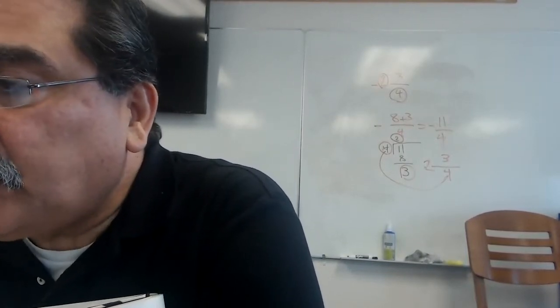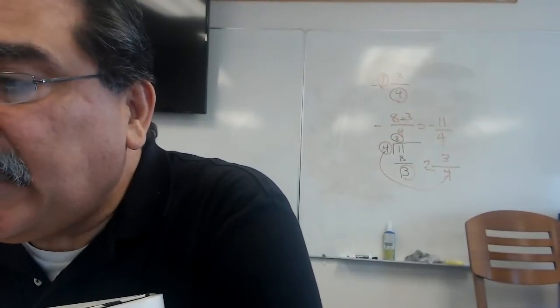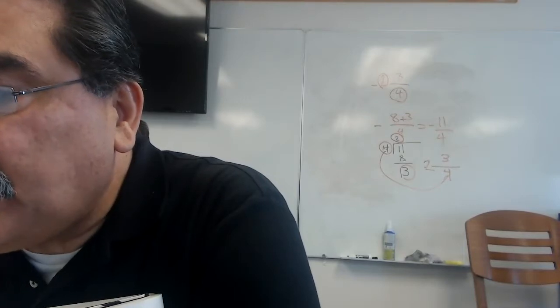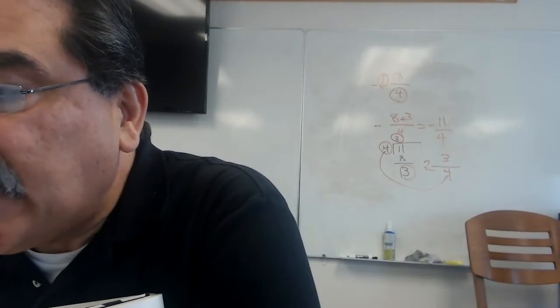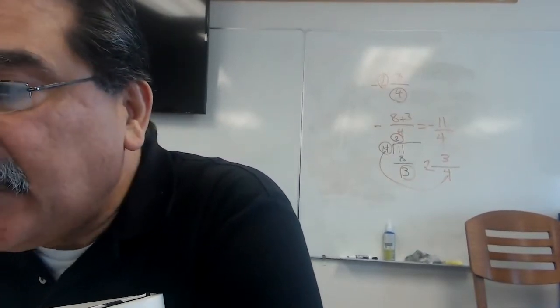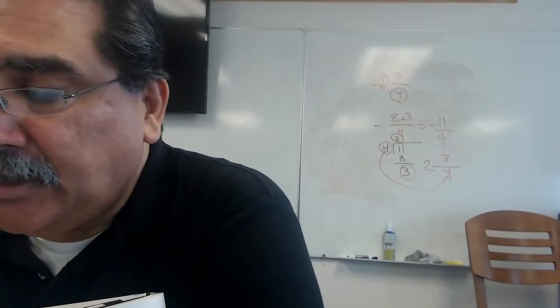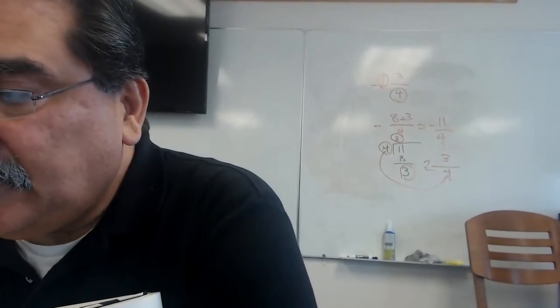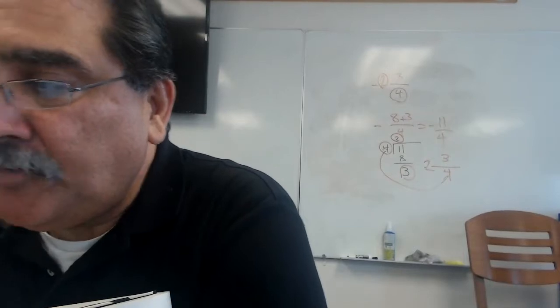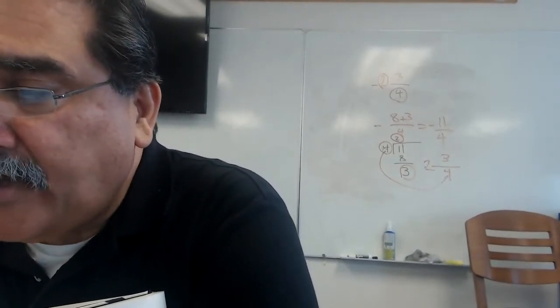So it becomes 4 times 3 is 12, 5 times 2 is 10, and 12 over 10 you can change to a mixed number because it's an improper fraction. 10 goes into 12 only one time, that becomes your integer. Then you have a remainder of 2, and when you simplify that, it becomes 1 over 5.